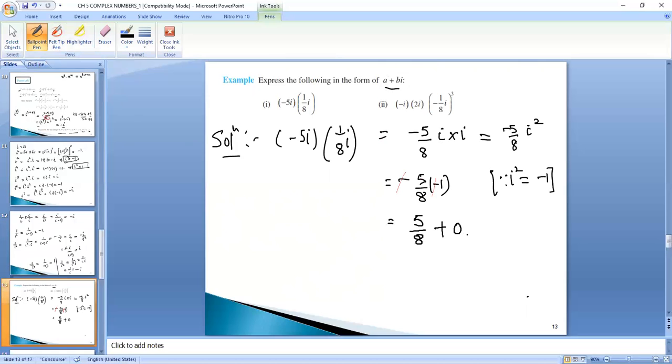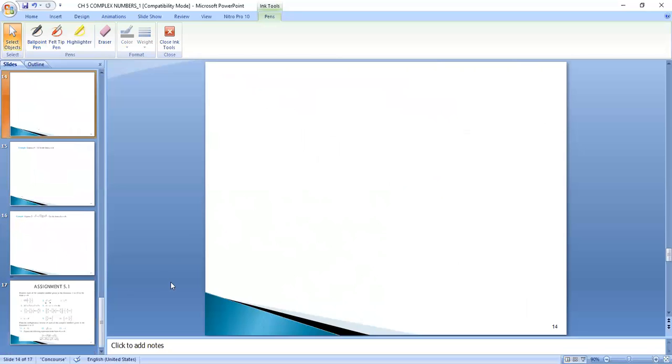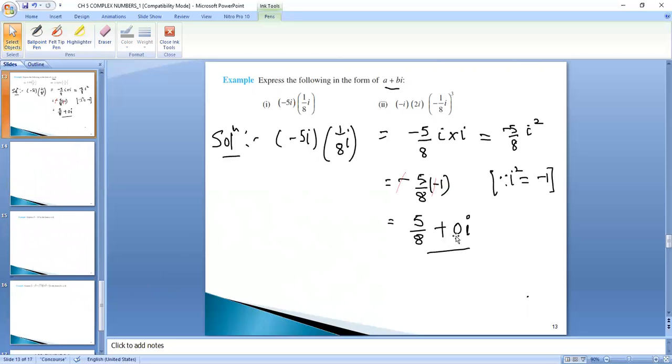So we will be writing it as 5 by 8 plus 0 iota as our answer, right? So 5 by 8 is A and 0 is B, and we have expressed it in the form a plus b iota.